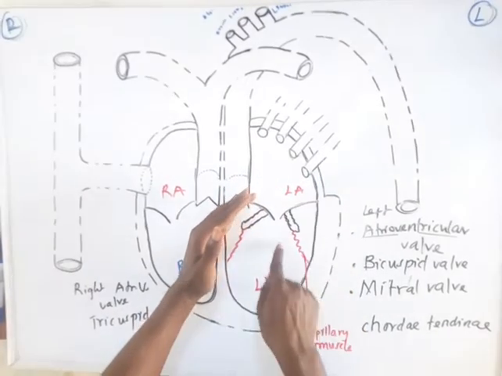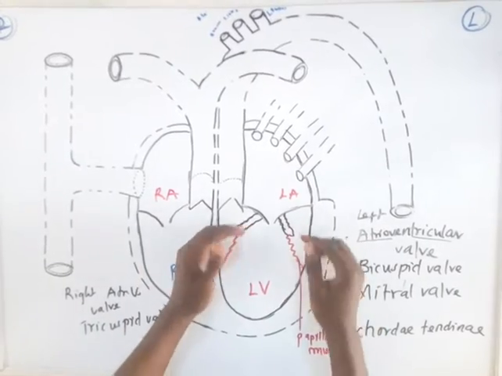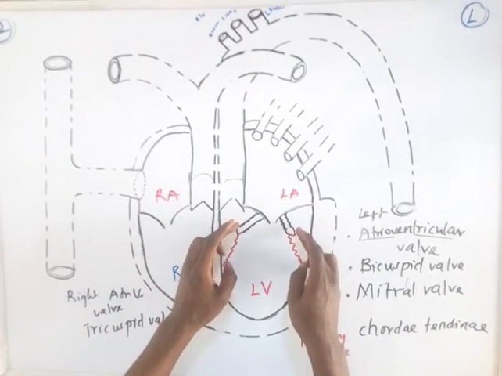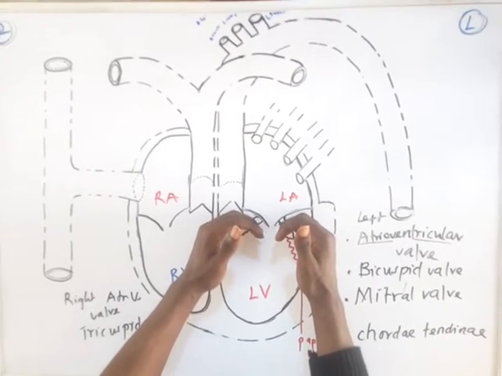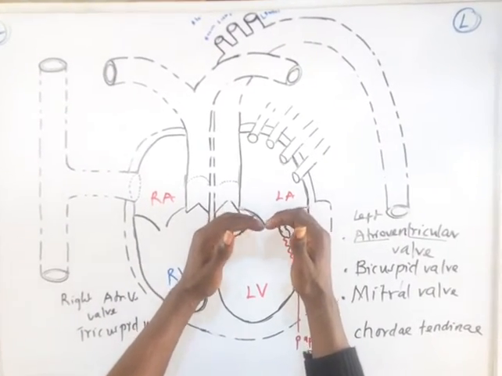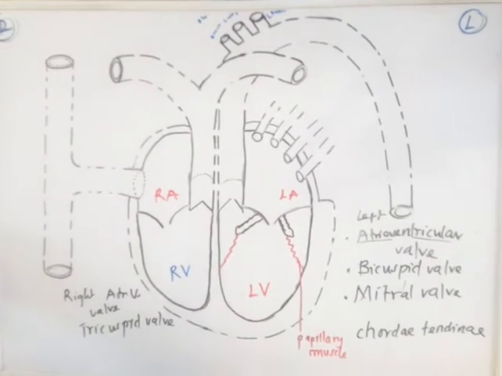Otherwise the blood would be conveyed from the ventricle back into the atrium, and we don't want it that way. The muscle, with the help of the chordae tendineae, holds the valve so it does not flip back. That is the function of the chordae tendineae and the papillary muscle.